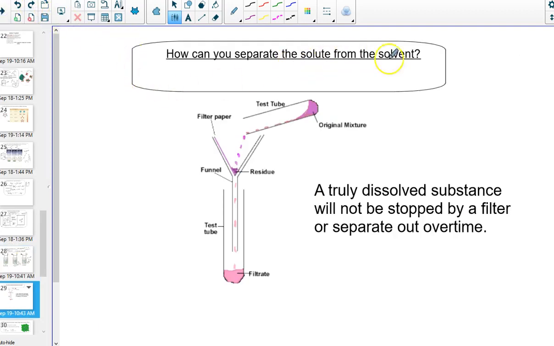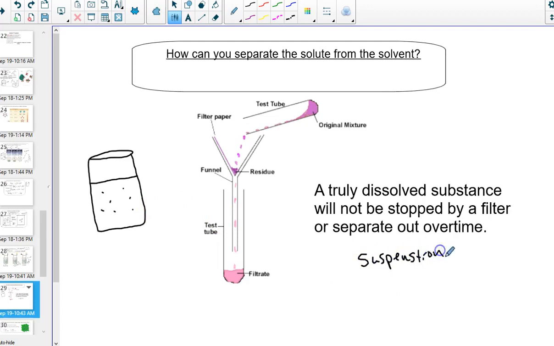How do you separate a solute from a solvent? That's really important here. If I have a particular thing, if it's truly dissolved, it's just going to stay dissolved. It's forever. Our oceans don't have piles of salt on the bottom of the floors. But there are other things called a suspension.